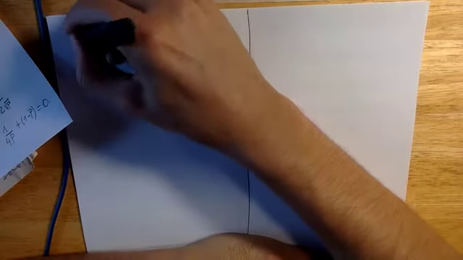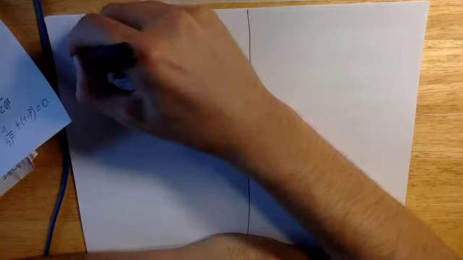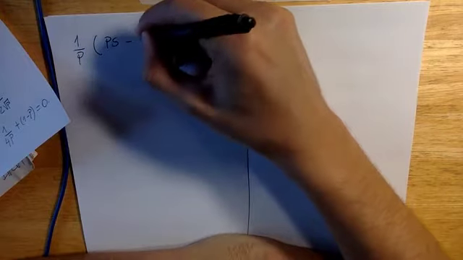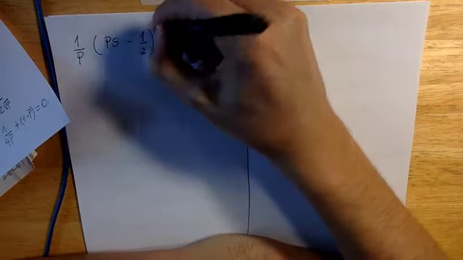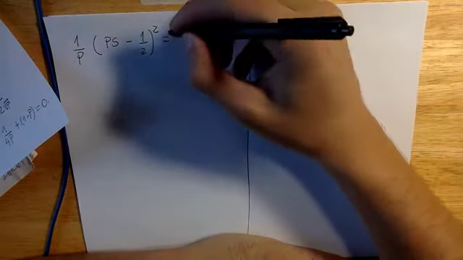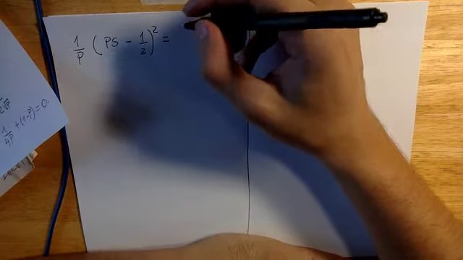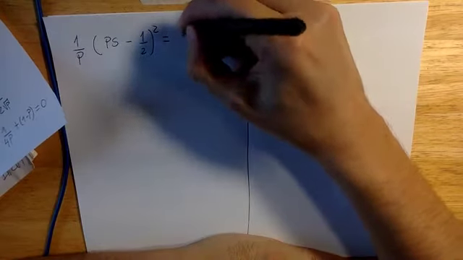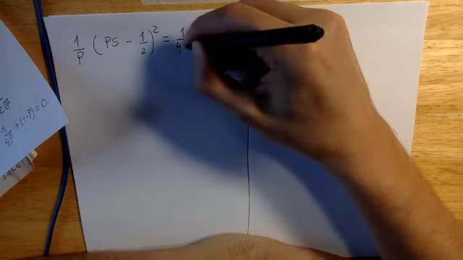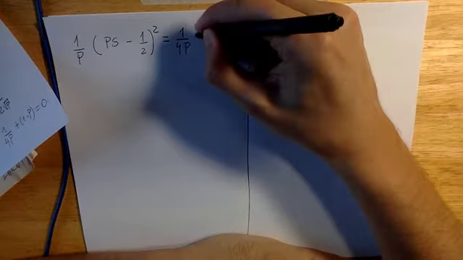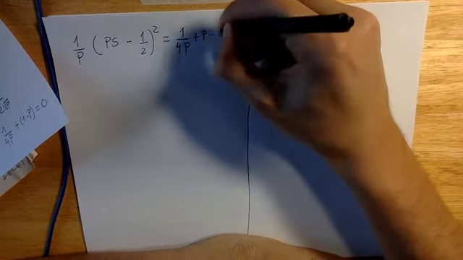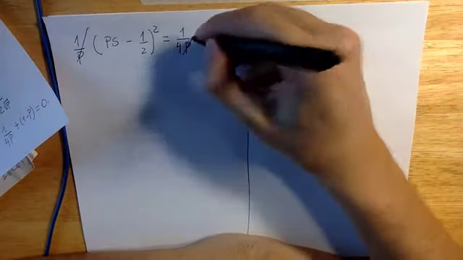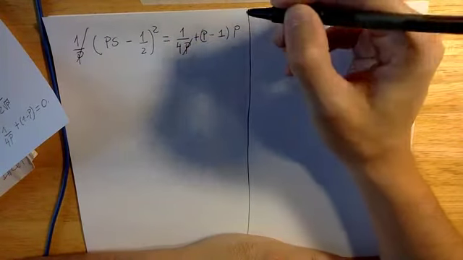So let's take 1 over p of (ps minus 1/2) squared is equal to 1 over 4p plus p minus 1. So we multiply out by p, and so this gets multiplied by p.